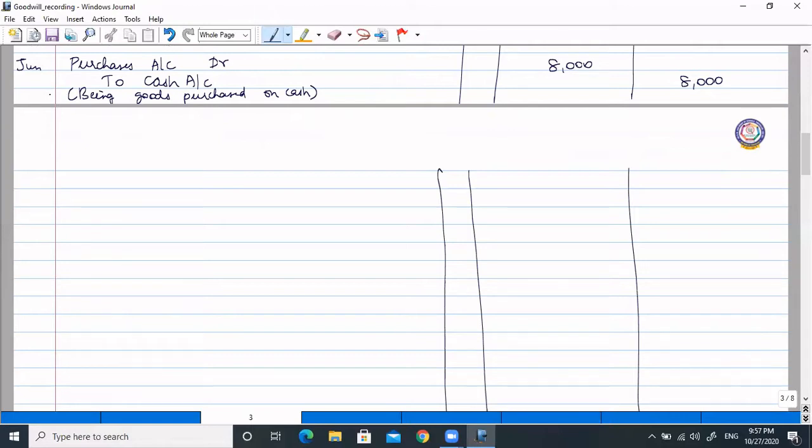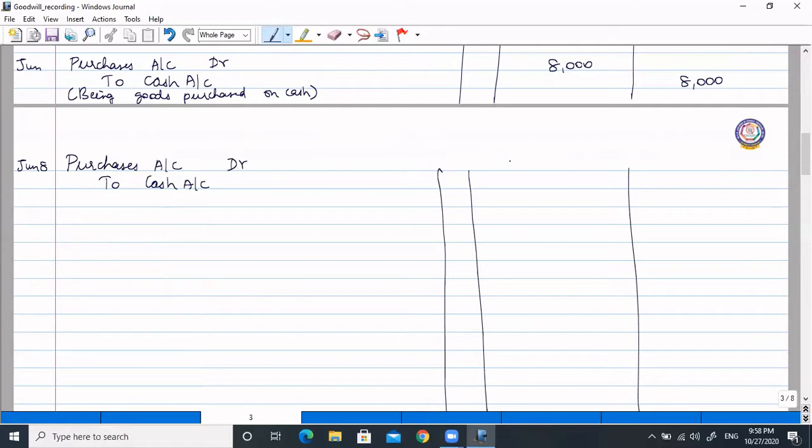On June 8th, purchased goods from Mohit for cash. Okay. So on June 8th, we have purchased goods from Mohit but for cash. So here also we have the accounts that is cash account and purchases account involved. So purchases account has to be debited and cash has decreased, so it has to be credited.